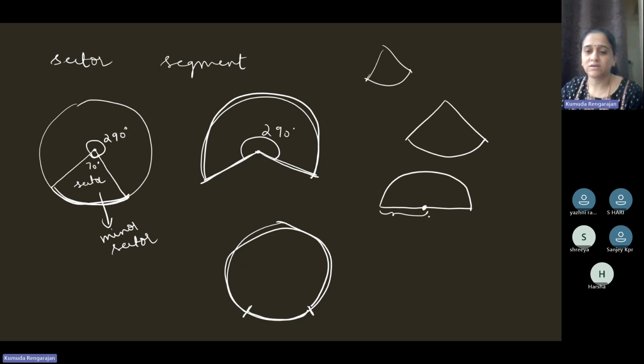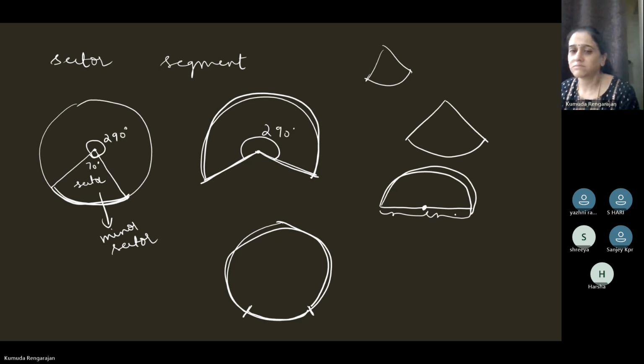A radius, arc. A semicircle is a sector. A semicircular region is a sector because it's bounded by two radii and an arc. And here the angle is equal to 180 degrees. Special name is semicircular region.